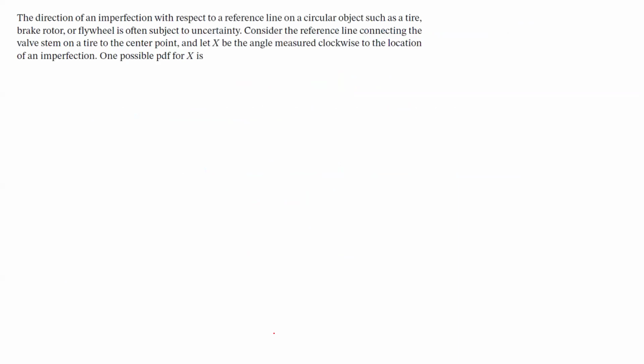Very good. The direction of an imperfection with respect to a reference line on a circular object, such as a tire, brake rotor, or flywheel, is often subject to uncertainty. Consider the reference line connecting the valve stem on a tire to the center point, and let X be the angle measured clockwise to the location of an imperfection.